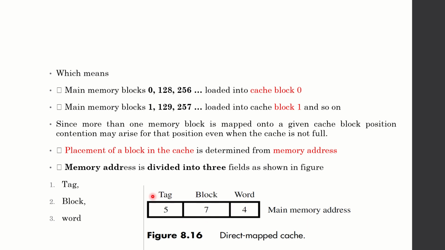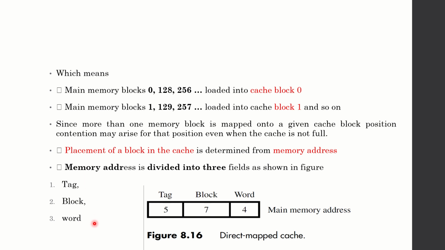The common thing is that in direct mapping the memory address is divided into 3 separate fields. The first field, the most significant bits, represents the tag field, then comes the block field, and then comes the word field. So tag, block, word. These are the 3 different fields.